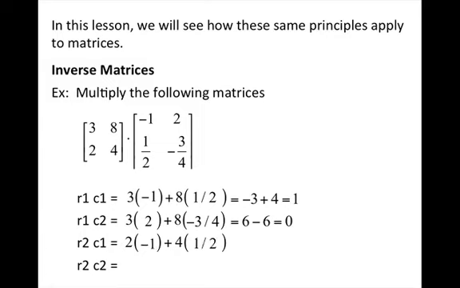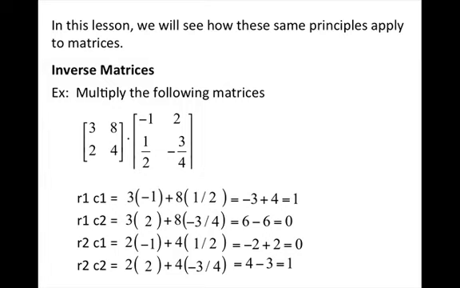Column 1 is -1, 1/2, so this gives me -2 plus 2, which is a 0. And finally, row 2 is 2, 4, and column 2 is 2, -3/4. So 2 times 2 is 4, 4 times -3/4 is -3, and 4 minus 3 gives me 1.